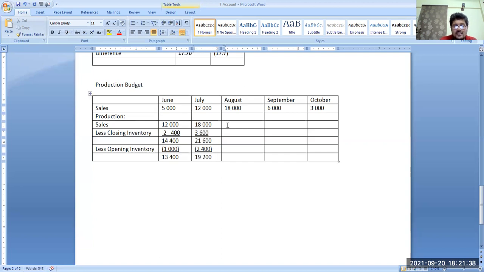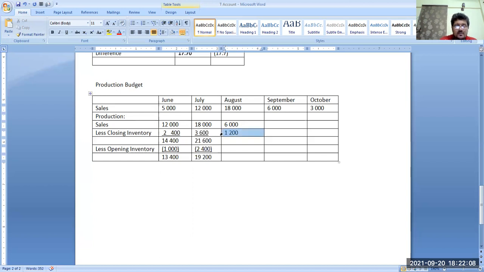Now come to August. In August we are preparing for September. So sales is 6,000, and closing inventory would be 6,000 multiplied by 20%, which is 1,200.